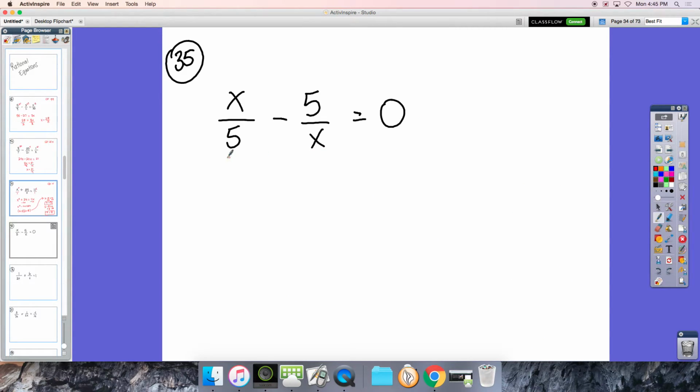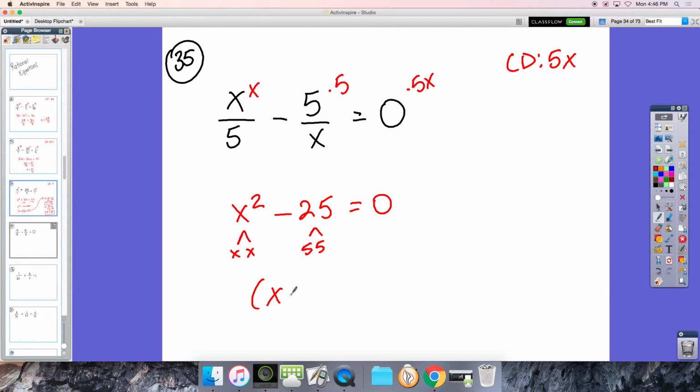Our common denominator here would be 5x. So on this one I would multiply by x. On this one I would multiply by 5. And on this one I would multiply by 5x. X times x is x squared minus 25 equals 0. Here we have a difference of squares.